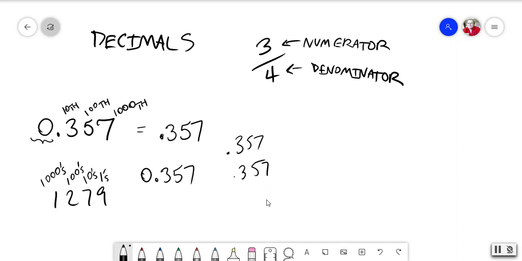So if I look at that, I'm not sure if that's supposed to be 357, or 357 thousandths, or what have you. If you put the zero there, there's no doubt. I'm not going to make you put the zero there, but if you don't, make a nice big decimal that I can read very easily.